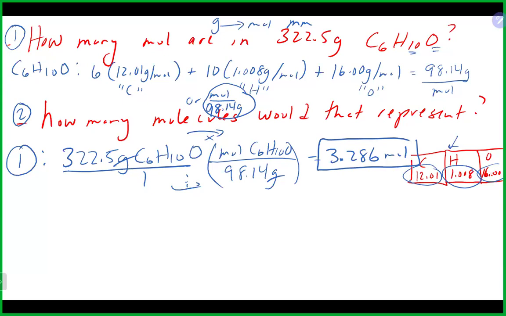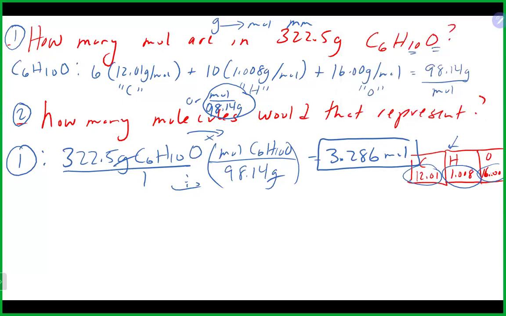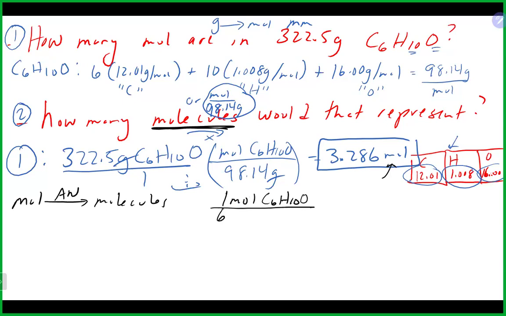Now that we did the first part, let's take a look at the second part, which is we want to know how many molecules there would be in that many moles. Do I need Avogadro's number on this one? I do. Again, the key word there is molecules. So we are going from the moles that we just calculated to molecules. And again, that's going to be our Avogadro's number conversion to do that. And again, 1 mole of C6H10O would give you Avogadro's number here, times 10 to the 23.